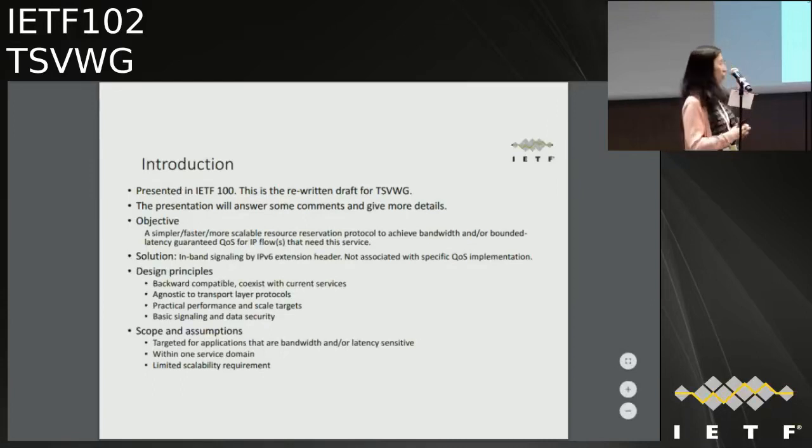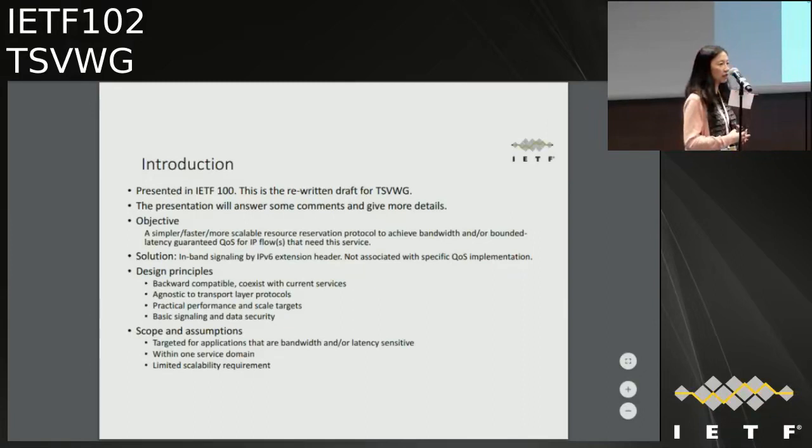What we are trying to do is to have a new reservation protocol in IPv6 through in-band signaling using an IPv6 extension header. The design principles: we want it to be backward compatible, which means it can coexist with regular traffic.